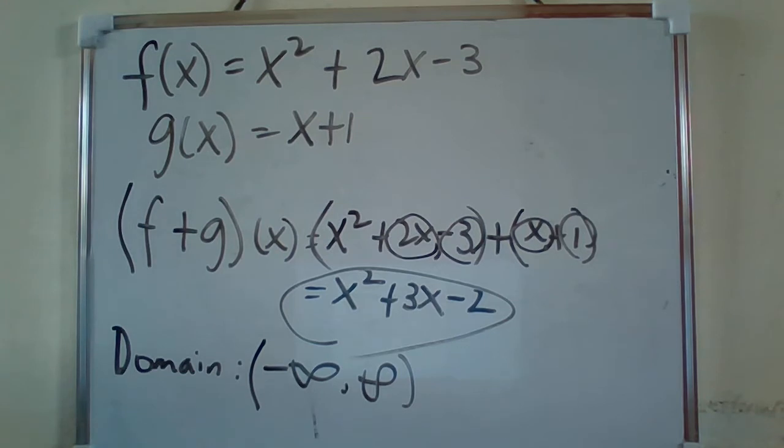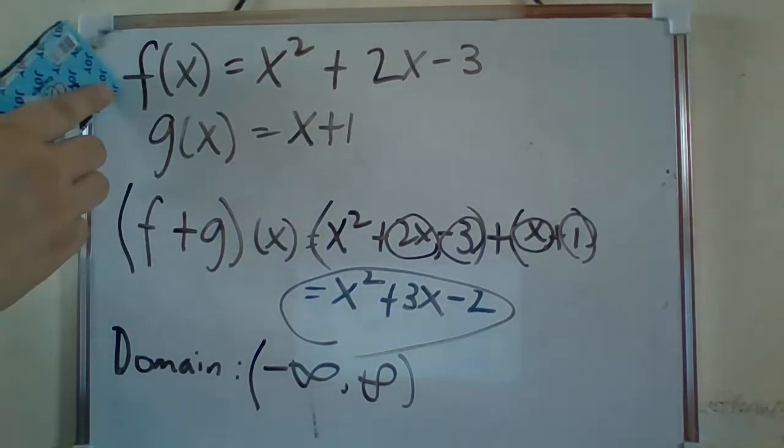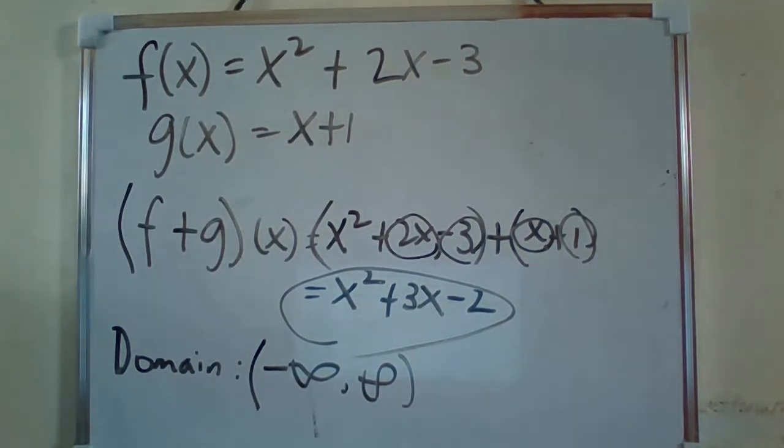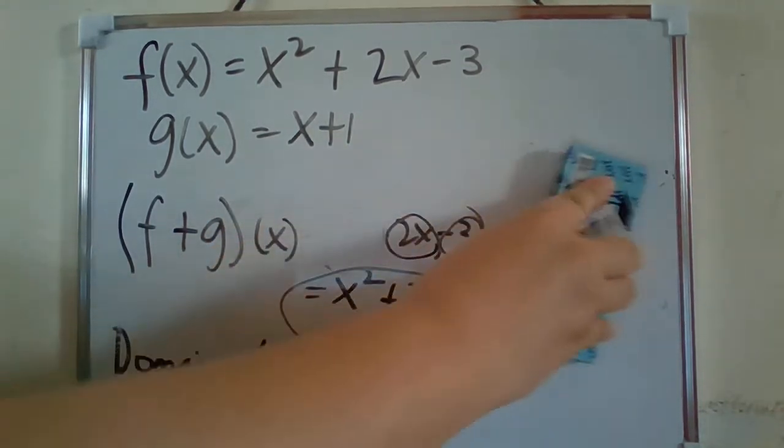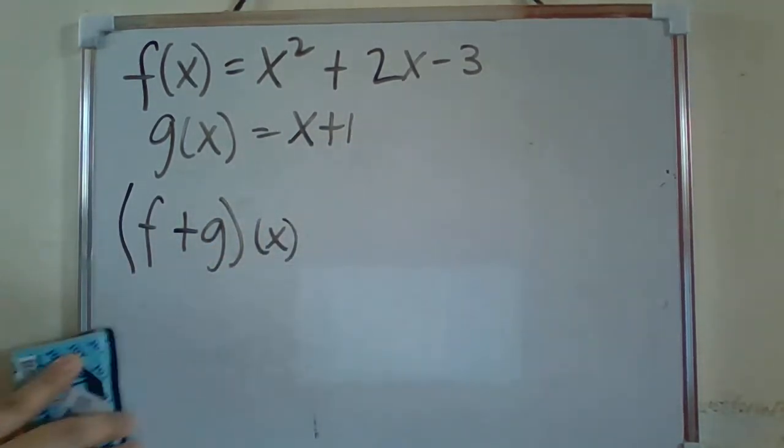So, let's have another one. Paano naman kapag we subtract? So, same pa rin ang gagamitin natin, pero this time, we are subtracting. So, try natin. So, burahin ko na lang to.